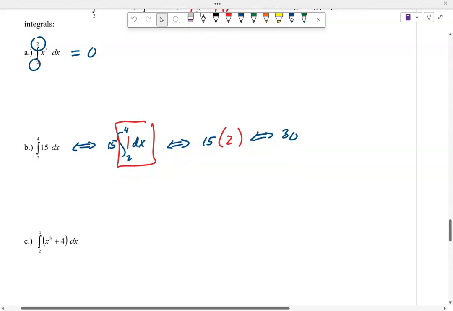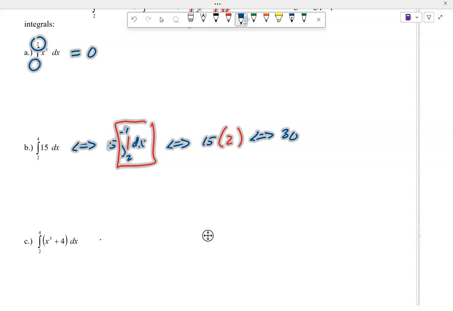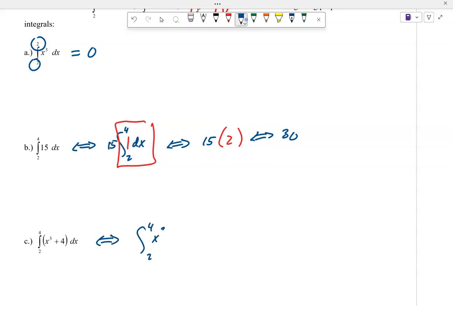The next one, we've got 2 to 4 of x cubed plus 4. So I can split this up. I can write that as the integral from 2 to 4 of x cubed dx, which they're telling us how much that's worth up there, plus the integral of 4 dx from 2 to 4. Now remember, we can put that 4 out front.